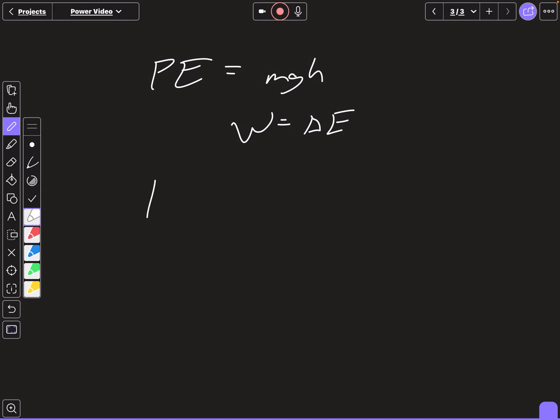And then we have kinetic energy, which is energy of motion, and our equation for that is 1/2 mv squared, where m is your mass in kilograms, v is your velocity in meters per second. All right, and those are the three things we have talked about so far.